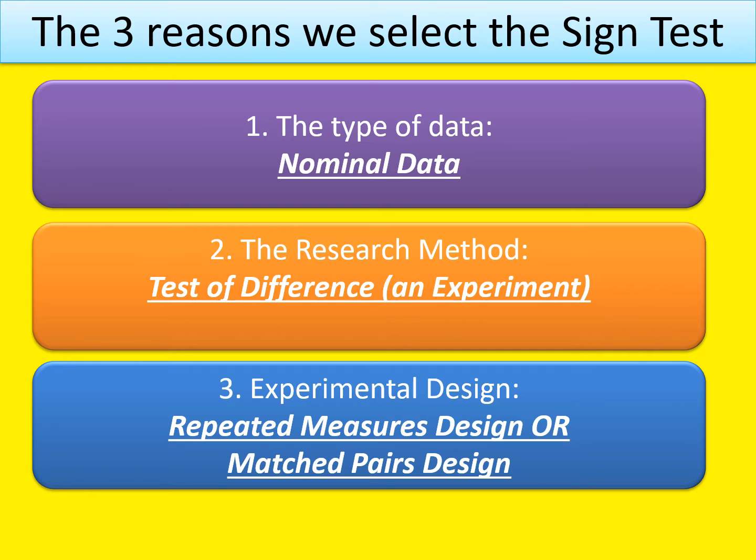So the 3 reasons we select the sign test are, the first is that we look at the type of data. So far when you've been learning about data, you've learned about quantitative and qualitative and primary and secondary data, but when we're talking about statistics, when we refer to the type of data, then it's got another meaning, and it means that the data can be one of 3 things.